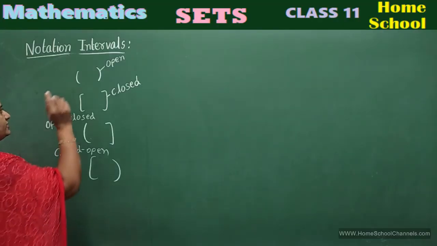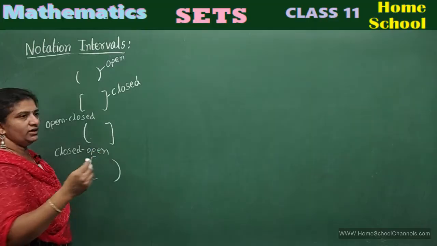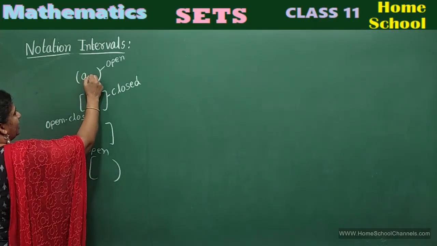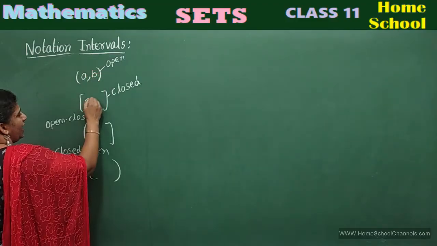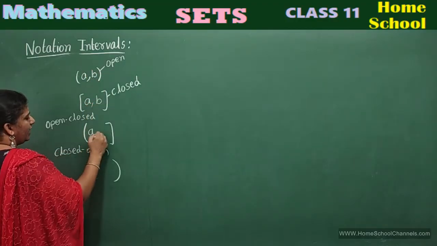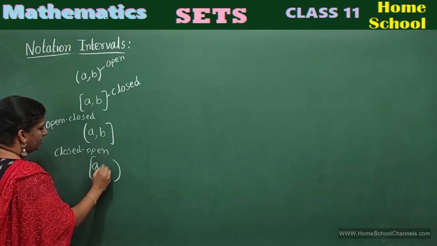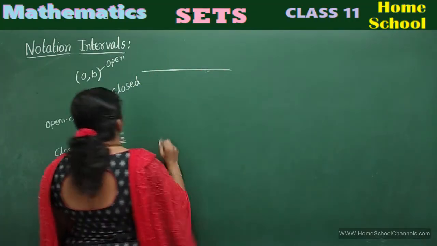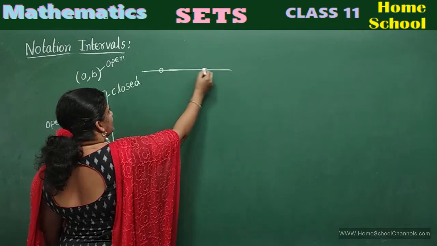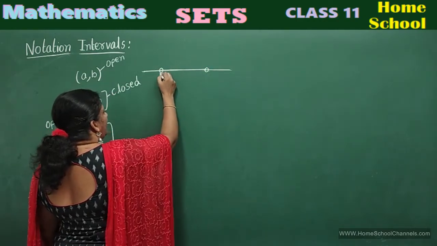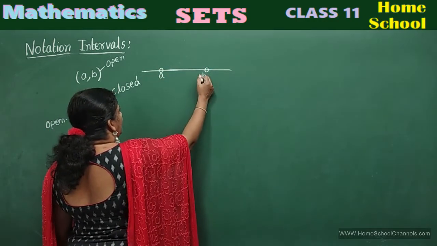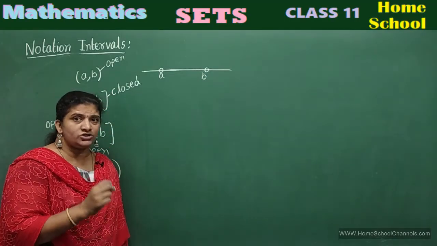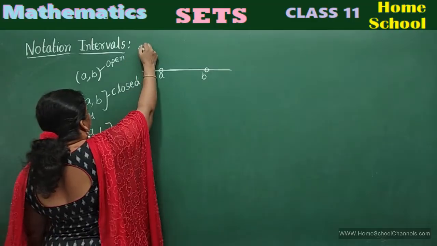Now suppose let me talk about two real numbers, A comma B. Suppose on a number line, open, I am giving here A, B. If A, B belong to real numbers.